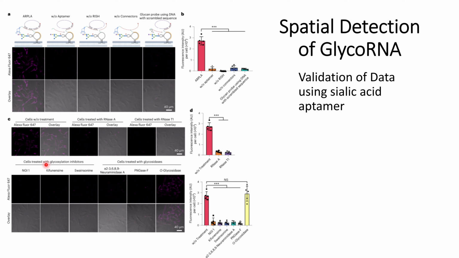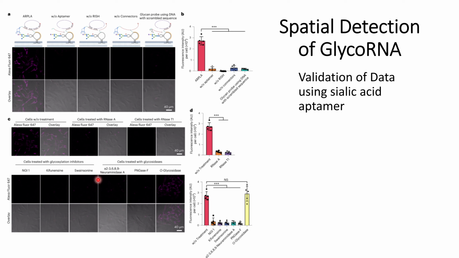Next, they treat the cells with different glycosylation inhibitors, such as kifunensine and swainsonine. Both of them lead to the inhibition of N-glycosylation, so they will not see any signals, because sialic acids are mainly produced by N-glycosylation.